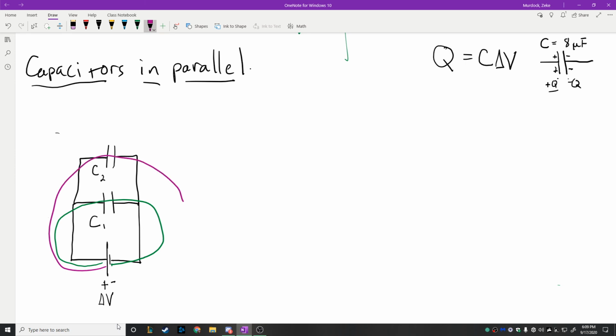Each has its own connection to the battery, is the way I think about it. Let's undo those lines because we don't want them on there. That's when we say they're in parallel.